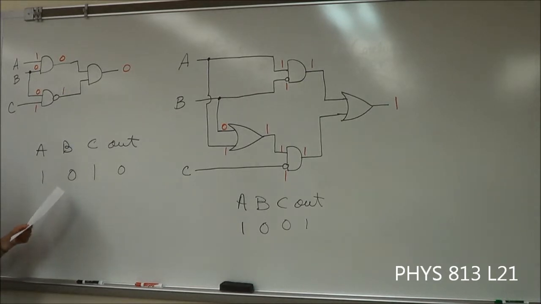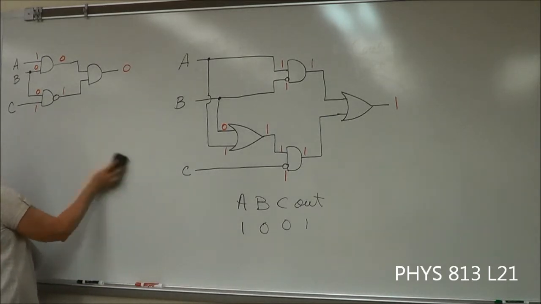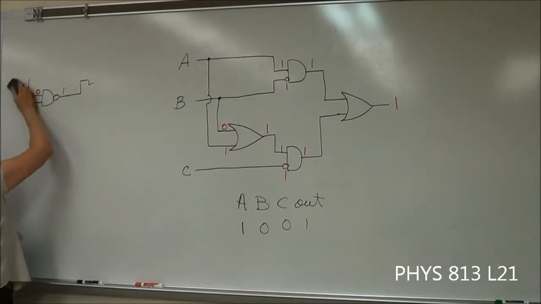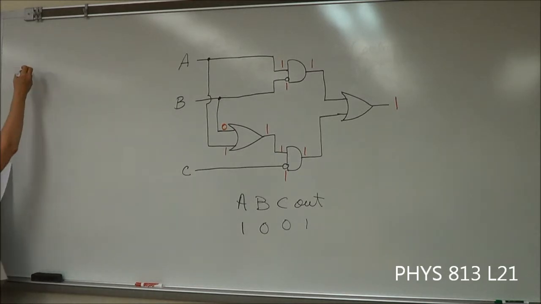And then the last one only has 2 inputs, but it's a little bit more complicated as far as drawing it. And it does have an exclusive OR, which I didn't have in any of the others. So this is the last one on page 180.